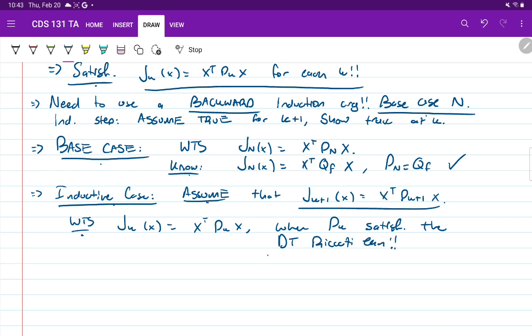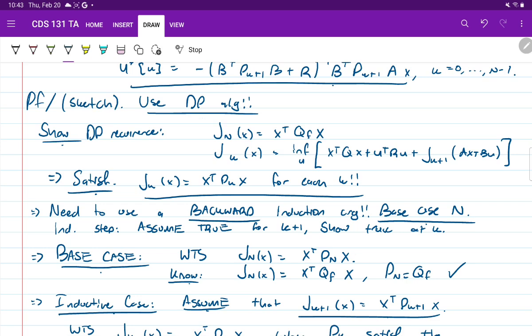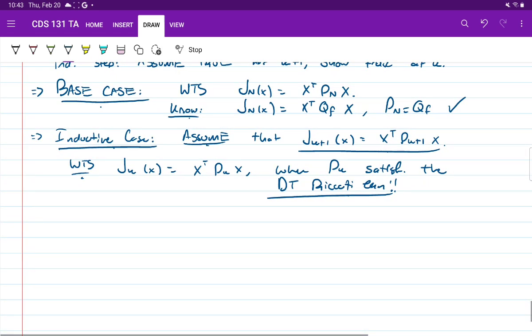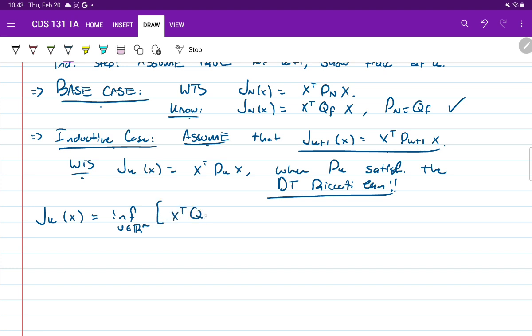How am I going to do this? All I'm going to do is solve out this dynamic programming recurrence. So Jk of x will equal the infimum over u in R^m of x transpose Qx plus u transpose Ru plus my cost at the next time step, J_{k+1} of my state at the next time step, which is Ax plus Bu.